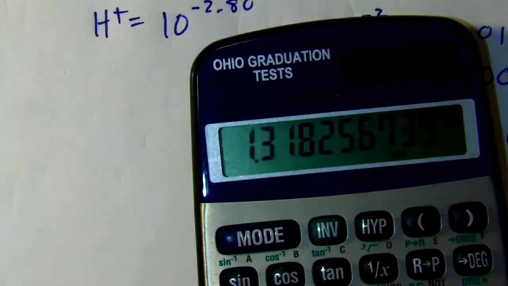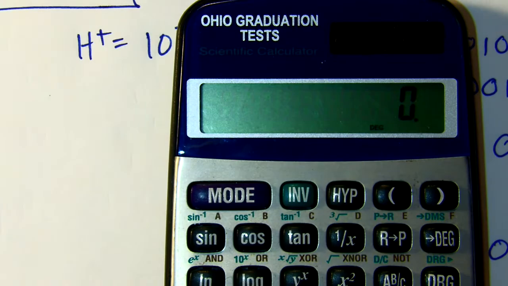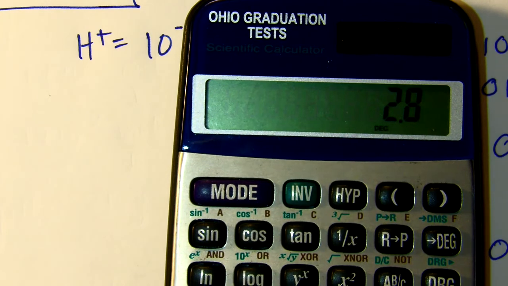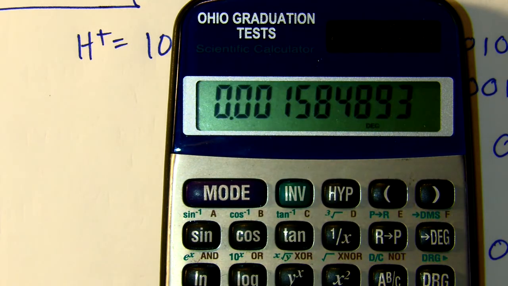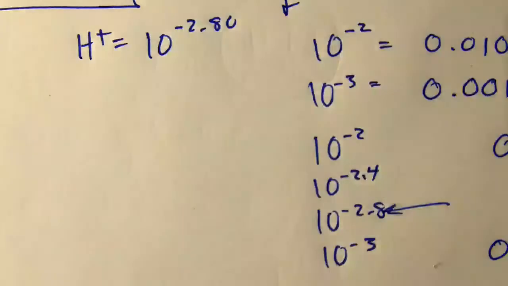Boom. Here we go. 2.8 negative. And we want that guy. So we invert 10 to the, boom, 0.00158. Right? 0.00158.